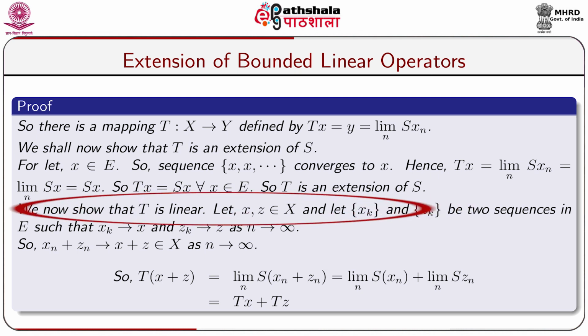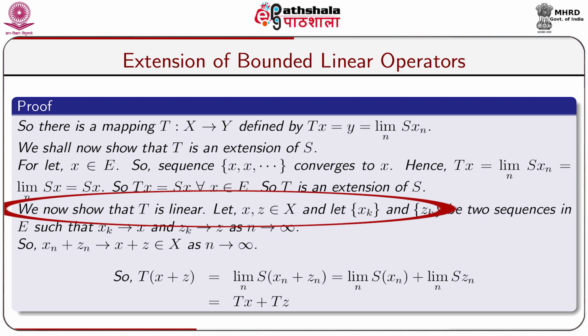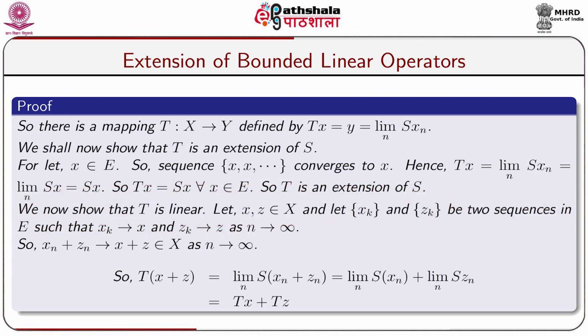We shall now show that capital T is linear. Let x, z belongs to capital X and let sequence xn and sequence zn be two sequences in E such that xn goes to x and zn goes to z as n tends to infinity. So, xn plus zn goes to x plus z belongs to capital X as n tends to infinity.